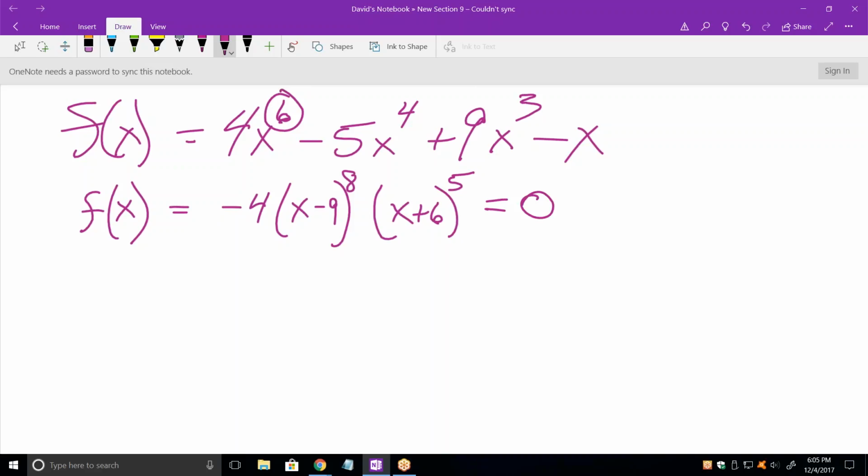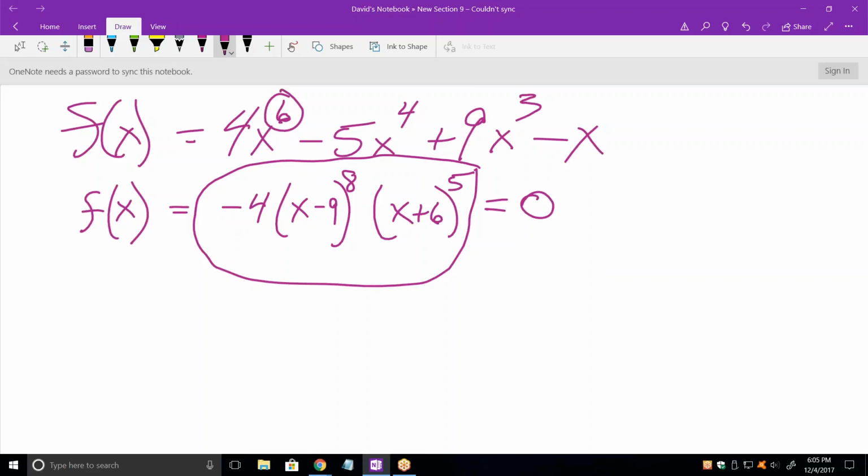There's only two numbers that make that equal to 0. Remember that to get 0 when you multiply numbers together, and this is 3 numbers, one of them has to be 0.